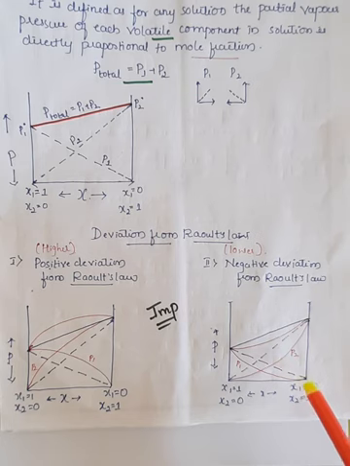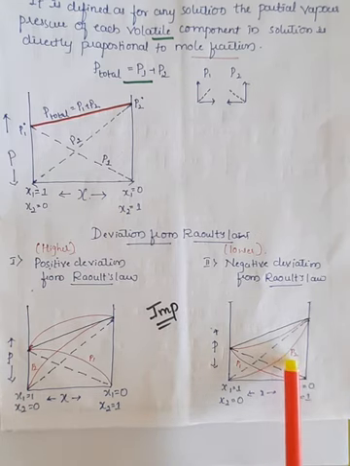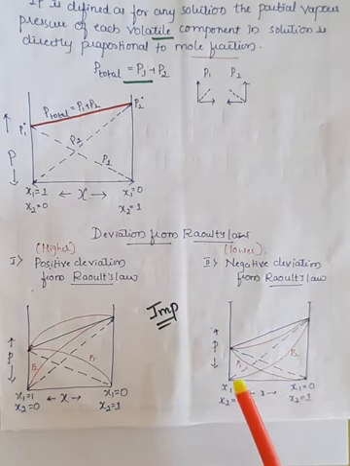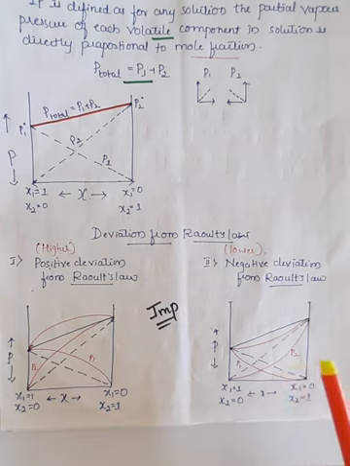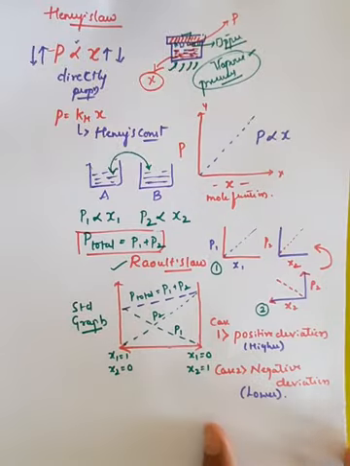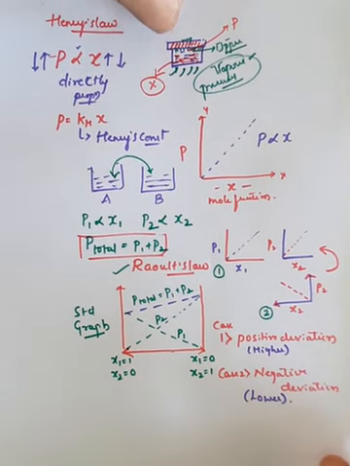Further, whatever values I get will be below this standard line or dotted line, which represents that the value has been reduced or decreased. That condition is called a negative deviation from Raoult's law. Right, so here we get the clear idea. I will draw the graph once again here.